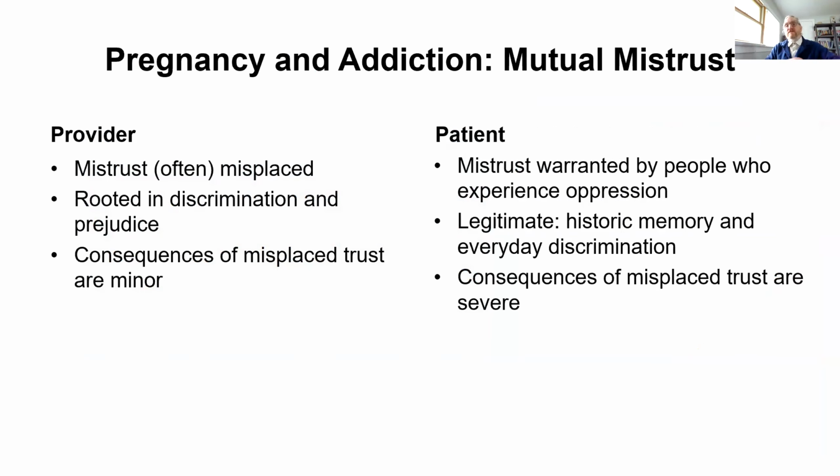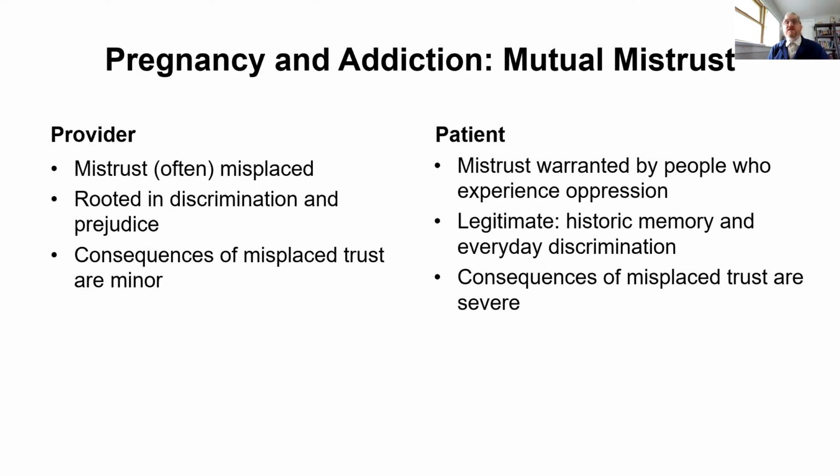So in this space, I think it's unique in that pregnancy and addiction is a space of mutual mistrust. Providers' mistrust of patients is often misplaced, rooted in discrimination and prejudice. But patient mistrust of us is warranted. It's legitimate based on their own experiences of discrimination in healthcare settings, as well as in the historical memory. Now, what happens if I trust a patient I should not have trusted?